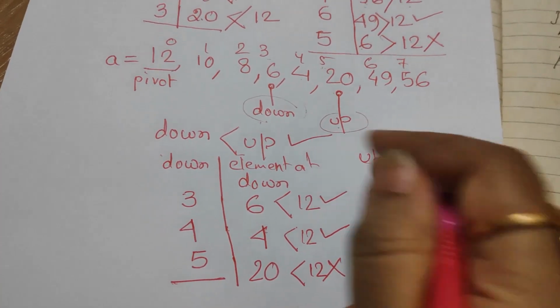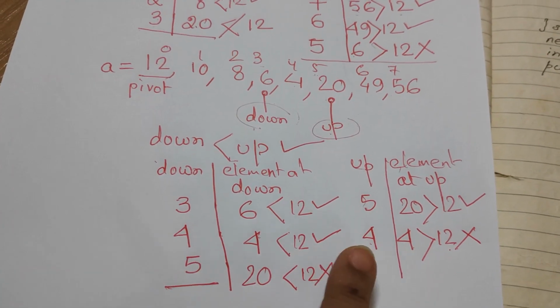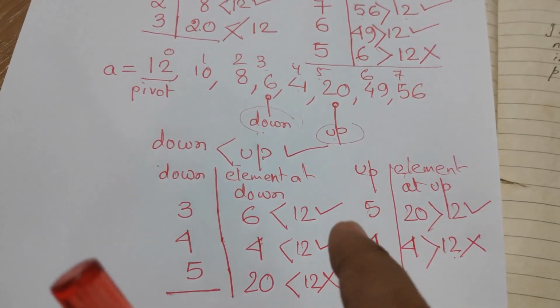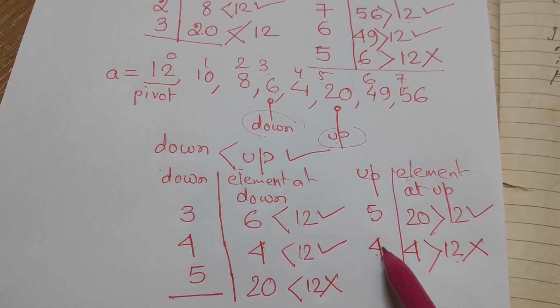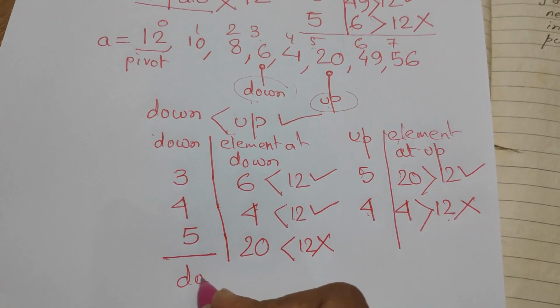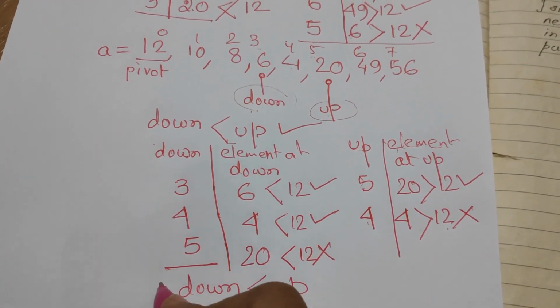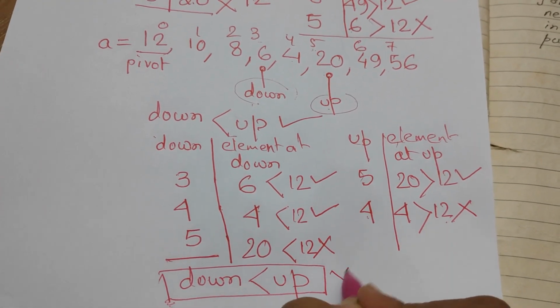So you look at the chart. Down is 5 and up is 4. Correct? So now at this moment we are halting at a place where down value is 5 and up value is 4. So down less than up, this condition becomes false.